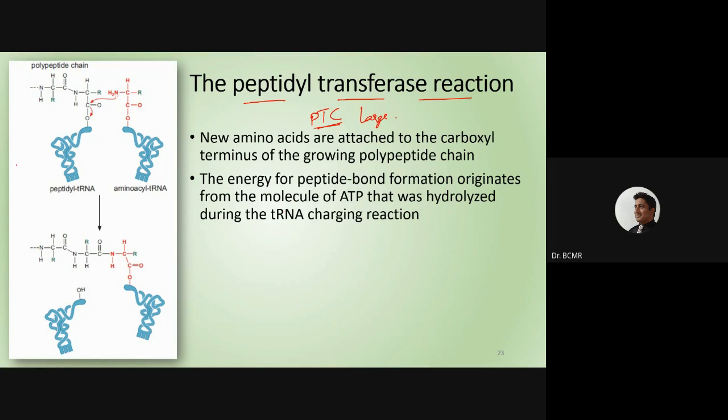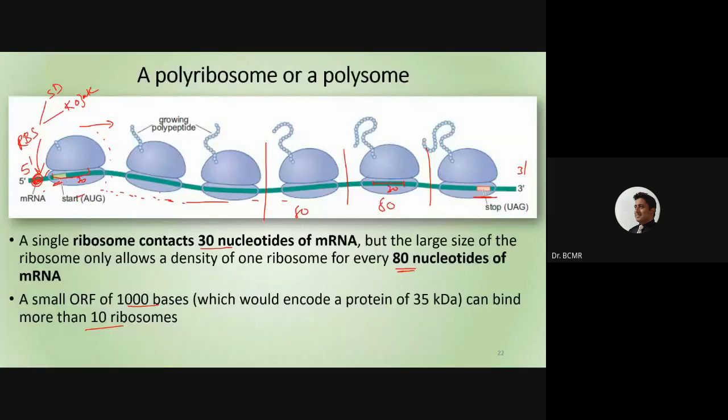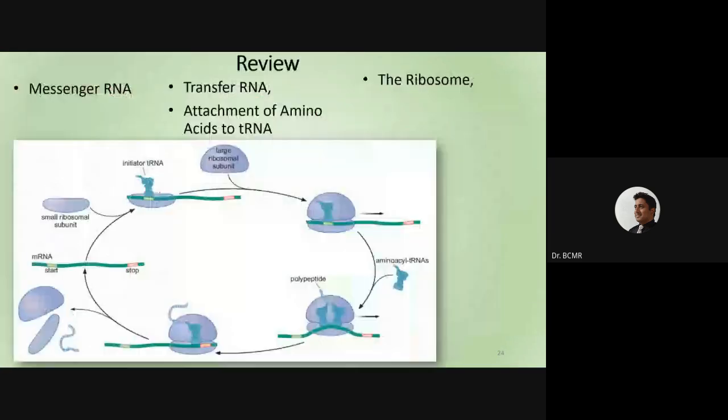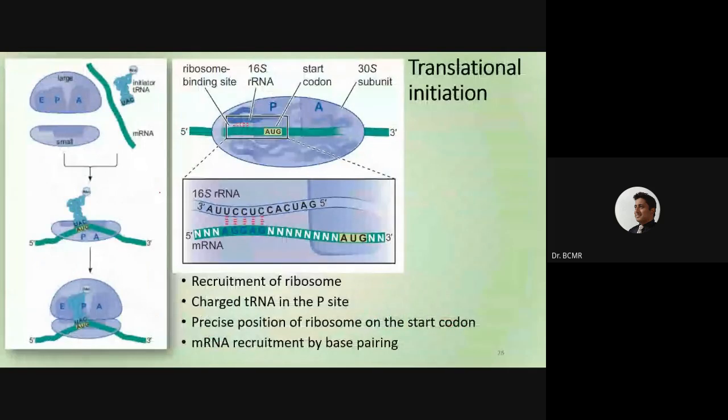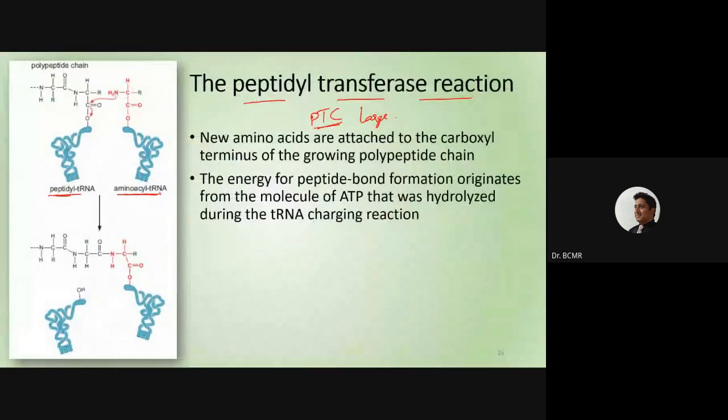We will discuss this again when we come to elongation and also initiation, but you have to remember peptidyl tRNA and aminoacyl tRNA. Just remember that only the chemistry part we will discuss here.